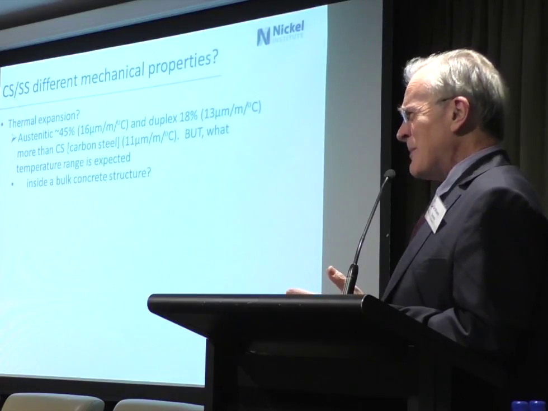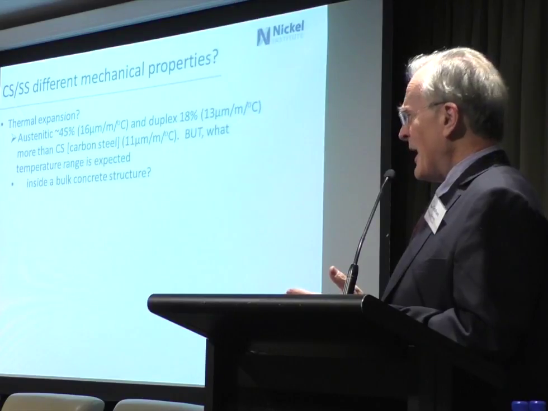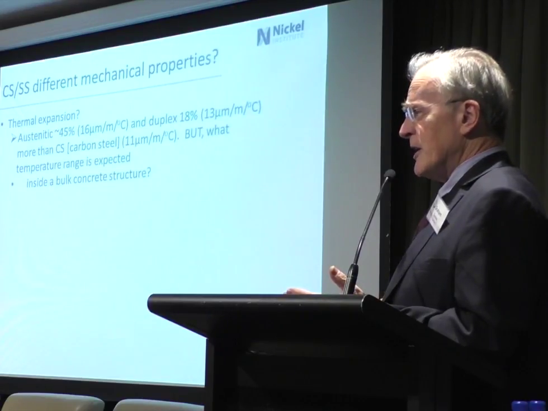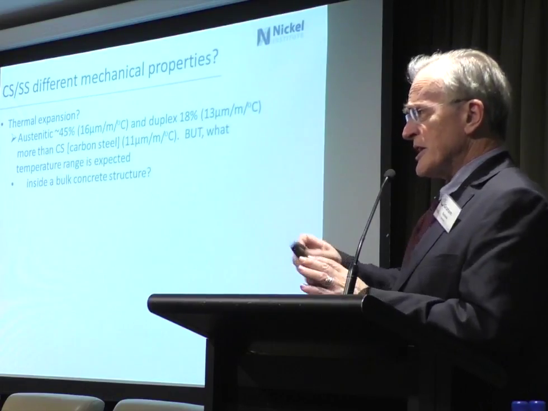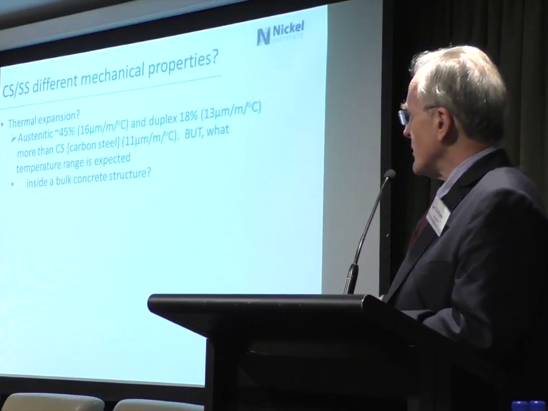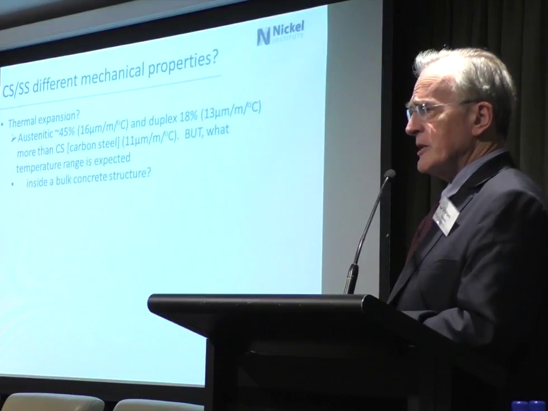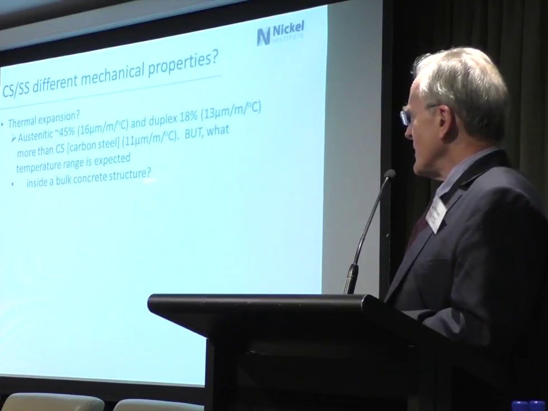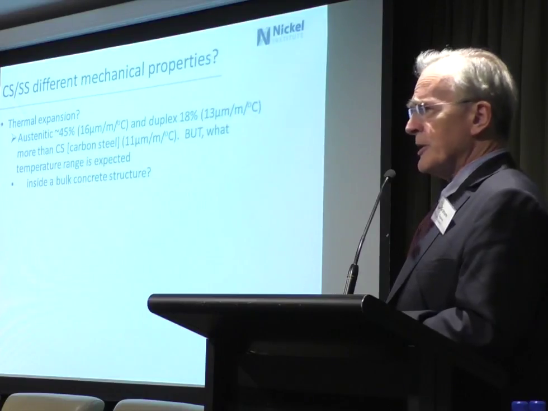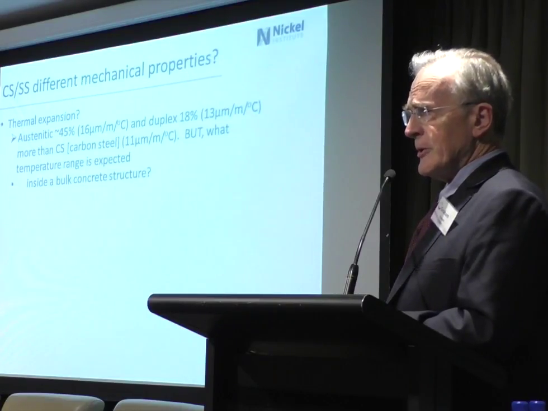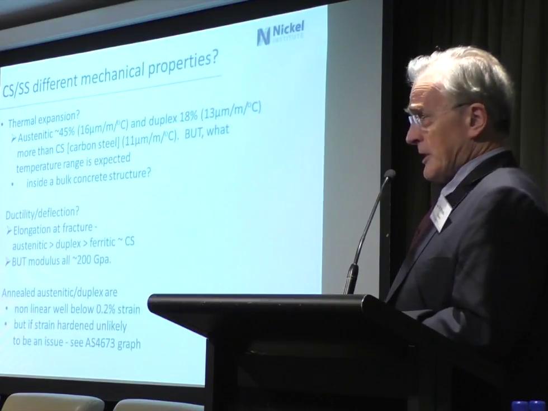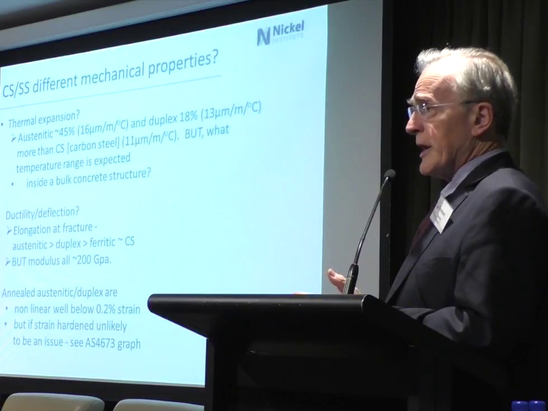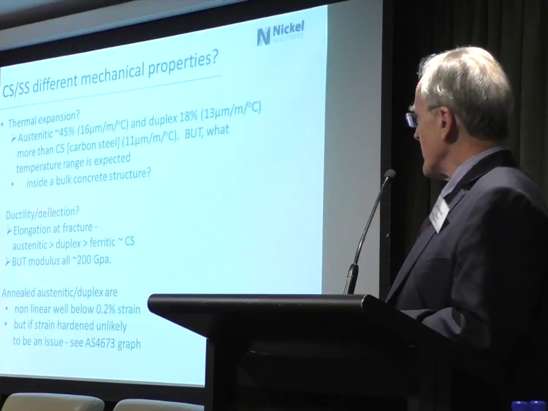Well, maybe in the Middle East, but how much length are you talking about if you're putting stainless steel in for short lengths, selective insertion of it, compared to the carbon steel that's there? And inside a fairly lumpy piece of concrete, how much temperature change are you actually going to get? All right, I don't think that's an issue. And as far as I'm aware, I don't know of it ever being an issue and causing cracking.